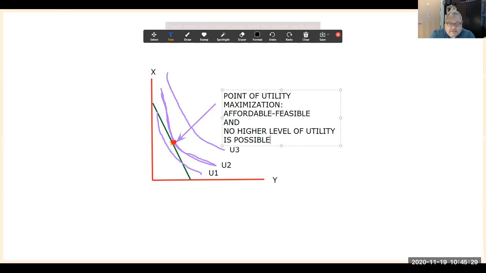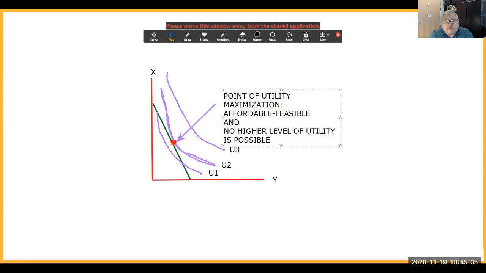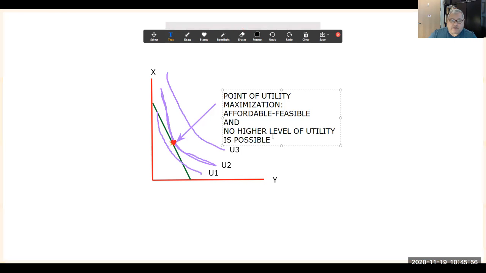And so that is how consumers, according to this theory introduced in your chapter 7, make use of their preferences and their budget constraint together in order to arrive at a decision that is rational, that leads to the highest possible level of utility given the budget that is feasible in spending on X and Y.